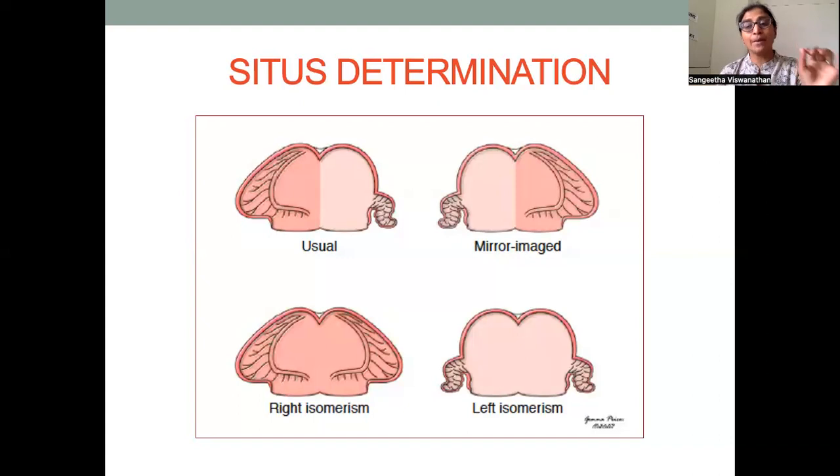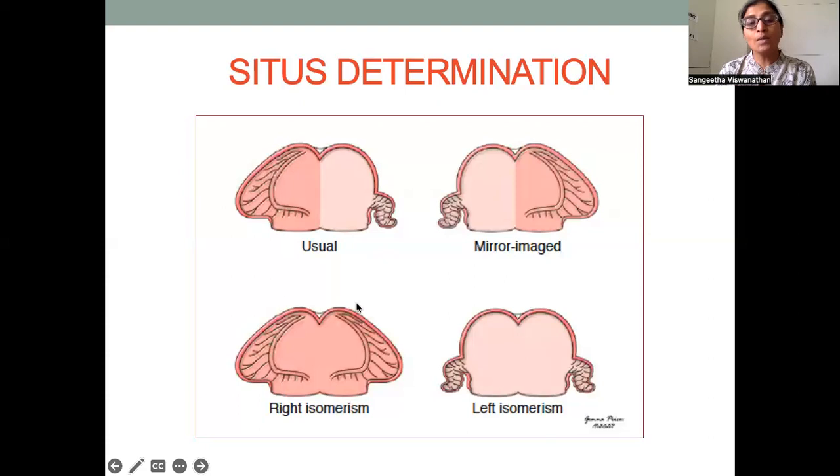And these atrial appendages are the ones which determine which atrium it is. However, as you all know, the atrial appendage is quite difficult to image. So then we use certain surrogate information to determine the actual atrial situs in the heart. Now, we will discuss that as we move further.